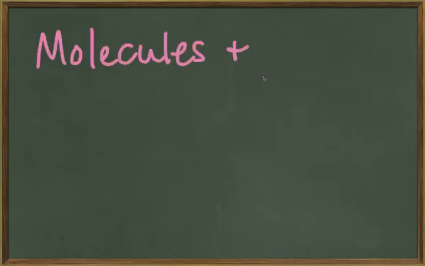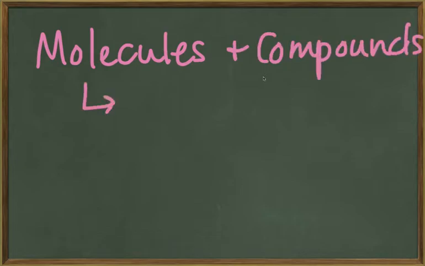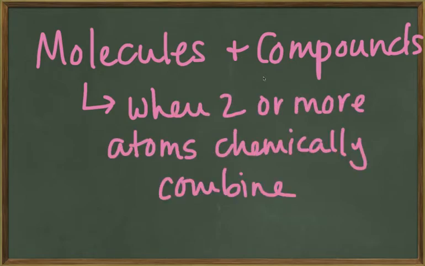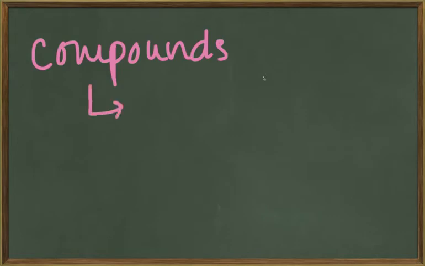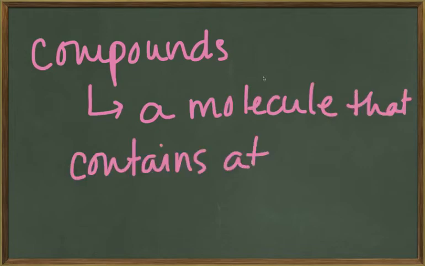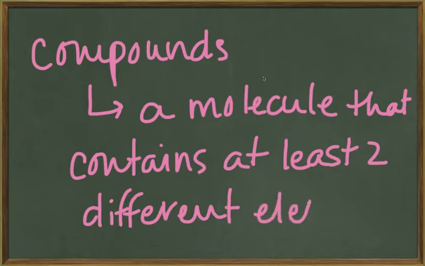Next thing I want to talk about are molecules and compounds. Molecules are when 2 or more atoms chemically combine. Compounds are a molecule that contains at least 2 different elements.